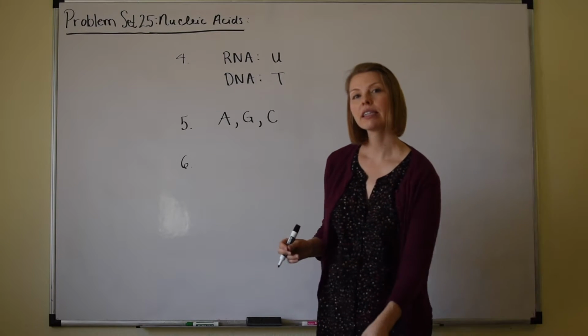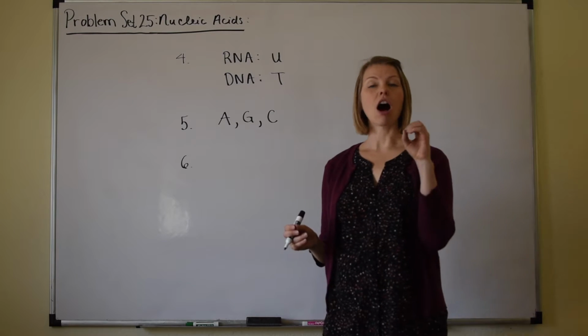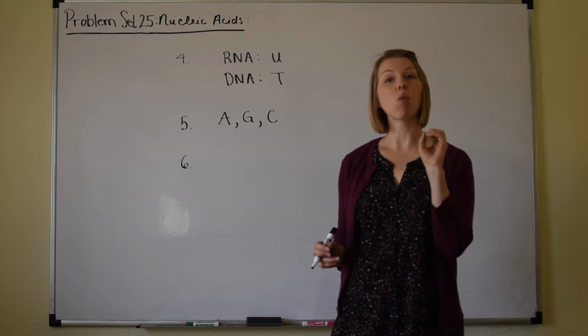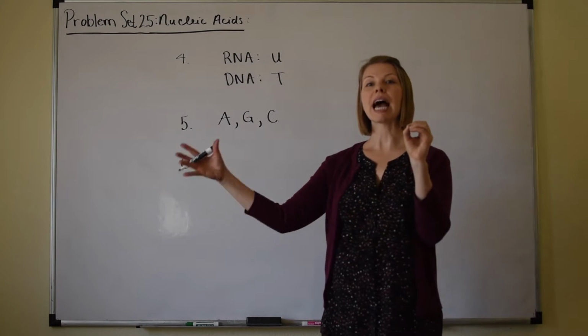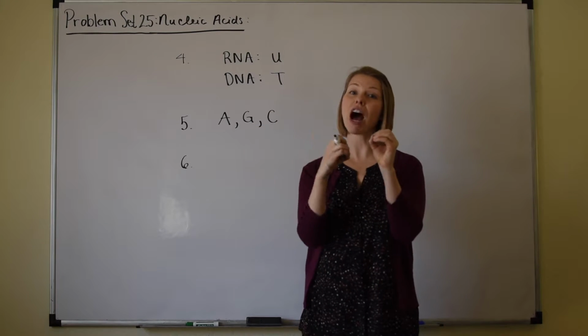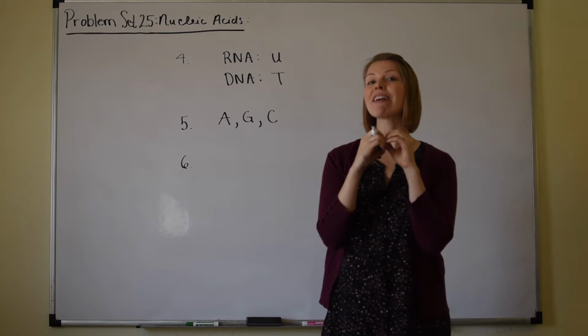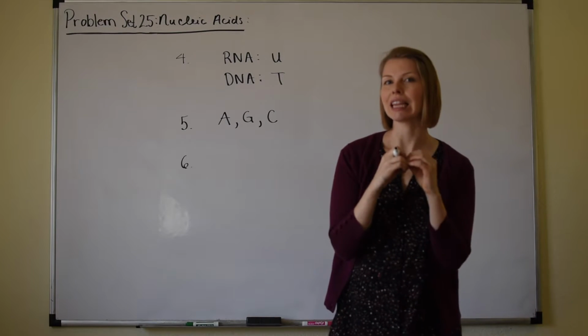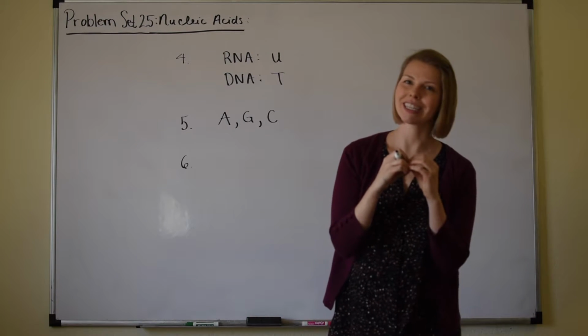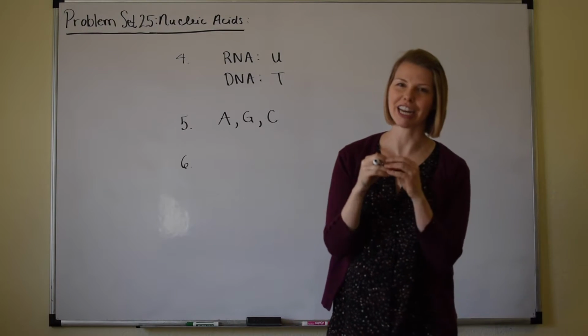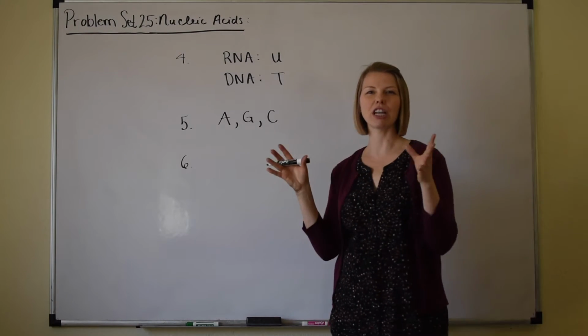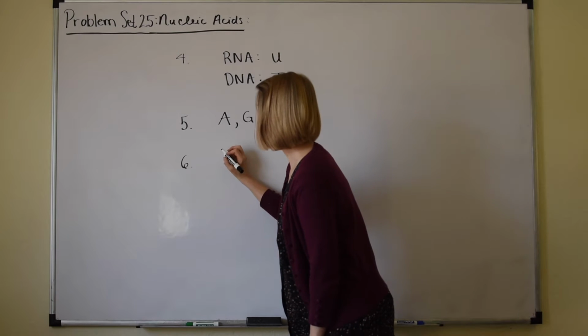Remember that the OH off of the 3' position of one nucleotide reacts with the phosphate off of the 5' position of another nucleotide, creating a phosphate diester linkage. So the short answer is they're connected by phosphate diester linkages. But let's go ahead and write down all that detail here.